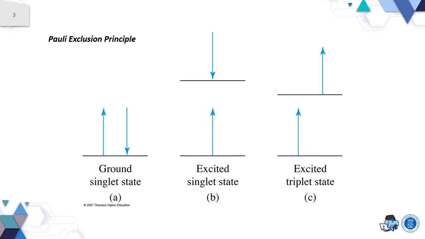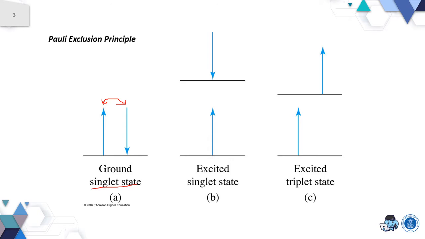A molecule with an even number of electrons and all its electrons spin paired is called a singlet state. So this is the singlet state. Both of the spins are paired to each other, opposite to each other. When one of a pair of electrons of a molecule is excited to a higher energy level, either a singlet or triplet state is formed.